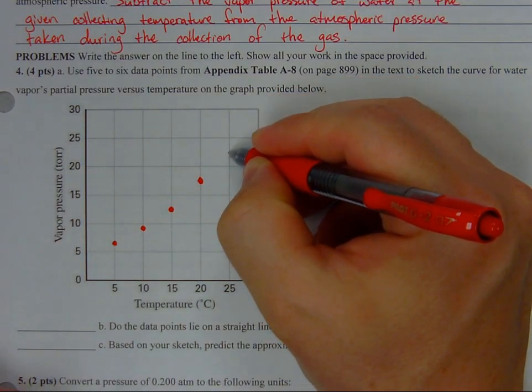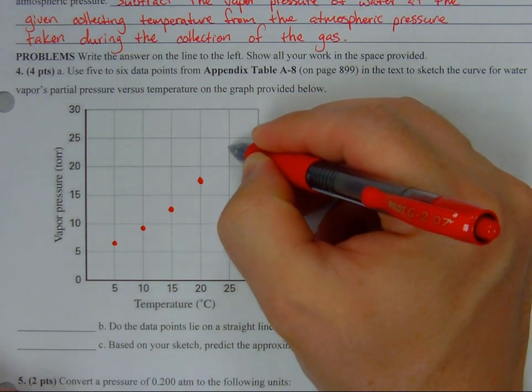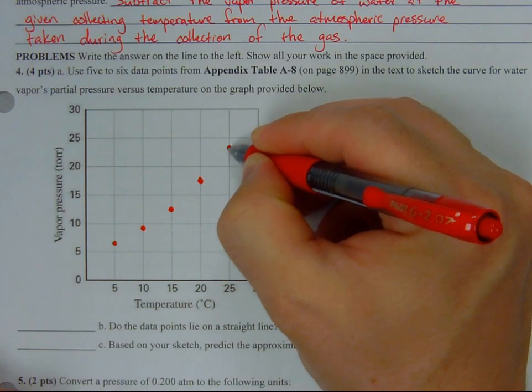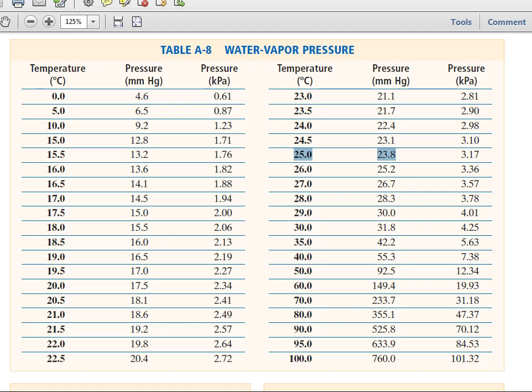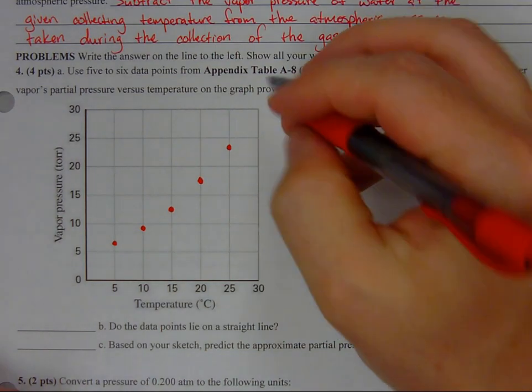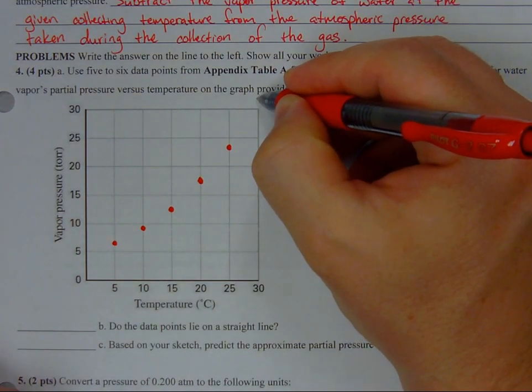So that could be from here. Then the last data point I'll grab at 30, and we can come up with 31.8. Oh gosh, that's like off the table a little bit.